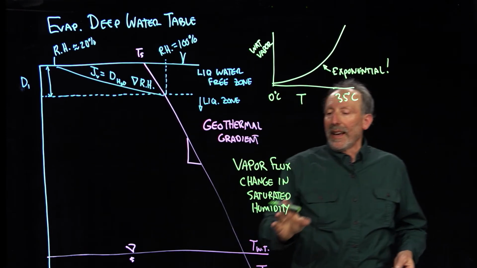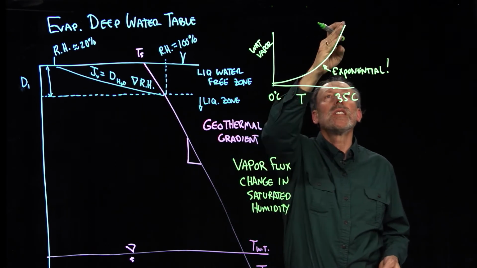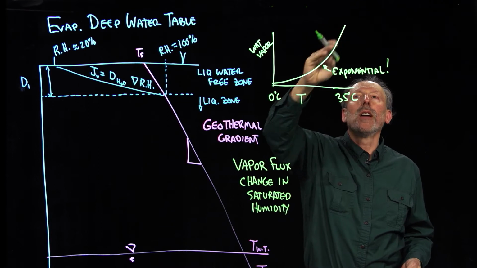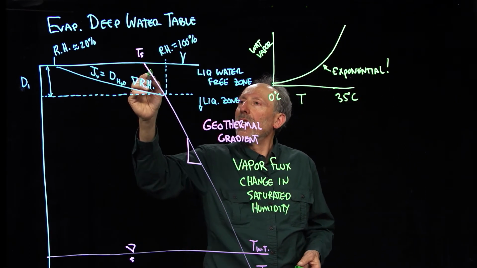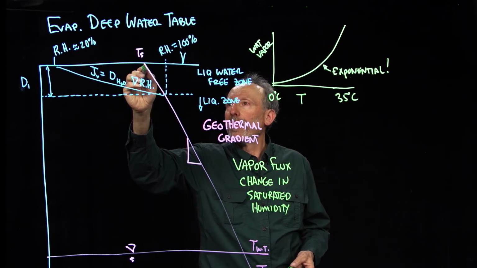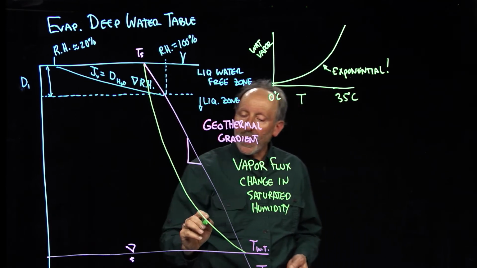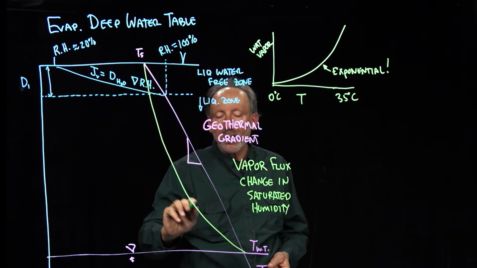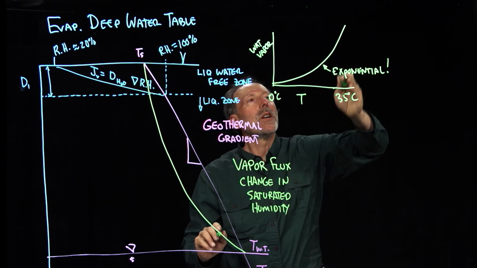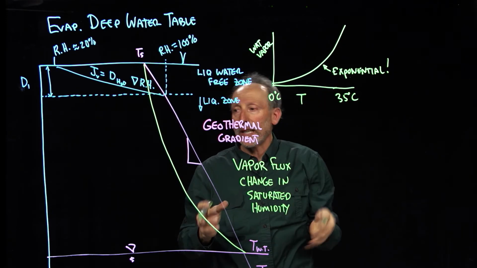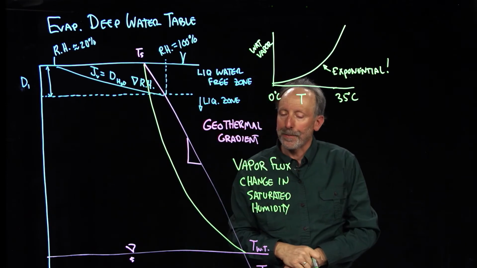So even though the gradient of temperature is constant, because the saturated water content of air goes up very rapidly as it gets warmer, the humidity curve is not linear. The humidity curve bends. So we have a rapid change in humidity at the bottom because we're in this region where it's very warm and the saturated humidity changes quickly with temperature, whereas at the top it changes more slowly.